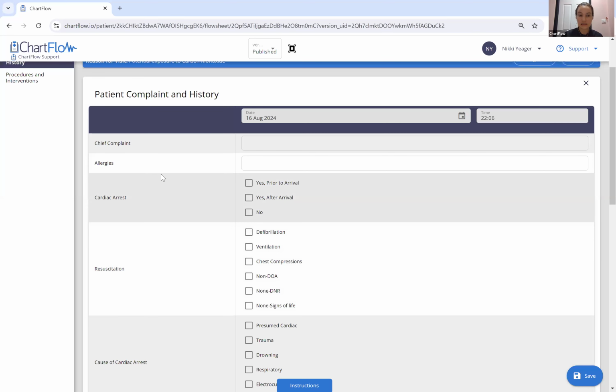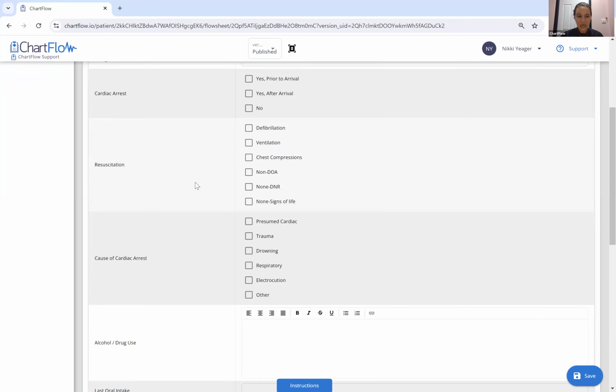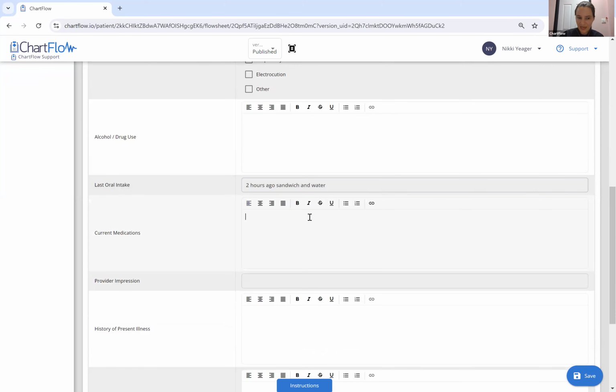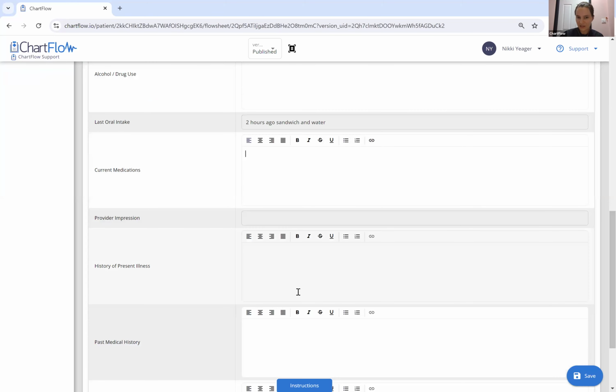So you'll see things like where you would put your symptoms, allergies, last intake. Let's say we asked her and she ate 2 hours ago, a sandwich and water. We can put her last oral intake, any current medication she's on, and we can fill this out.